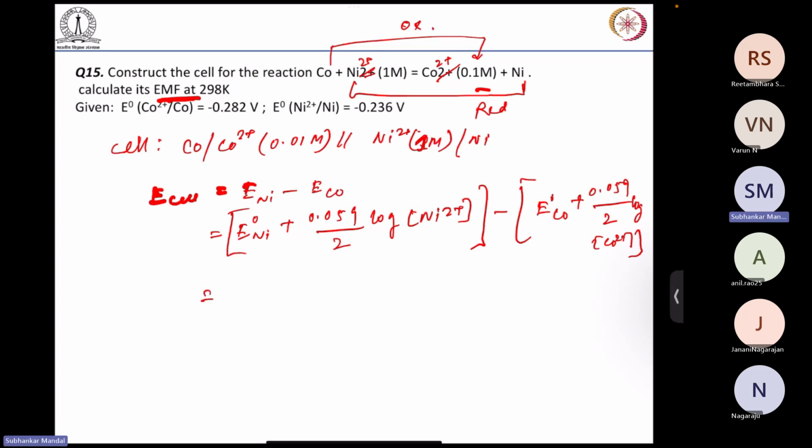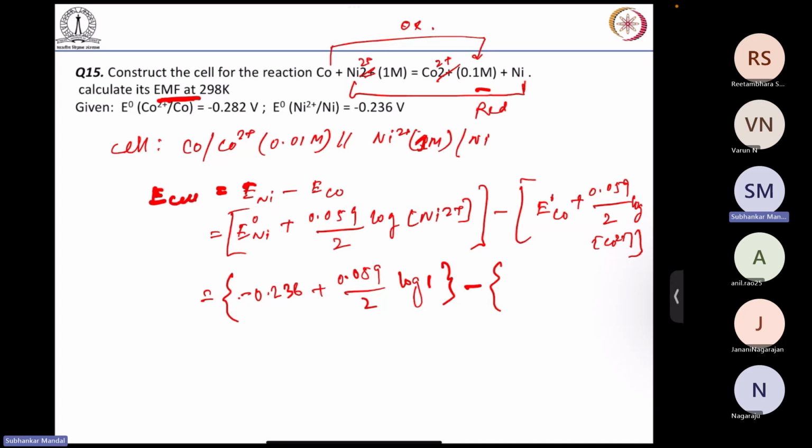So E naught of nickel, how much is it? Minus 0.236 plus 0.059 by 2 log of nickel 2+ concentration. How much? Nickel 2+ is 1 molar. Minus cobalt.